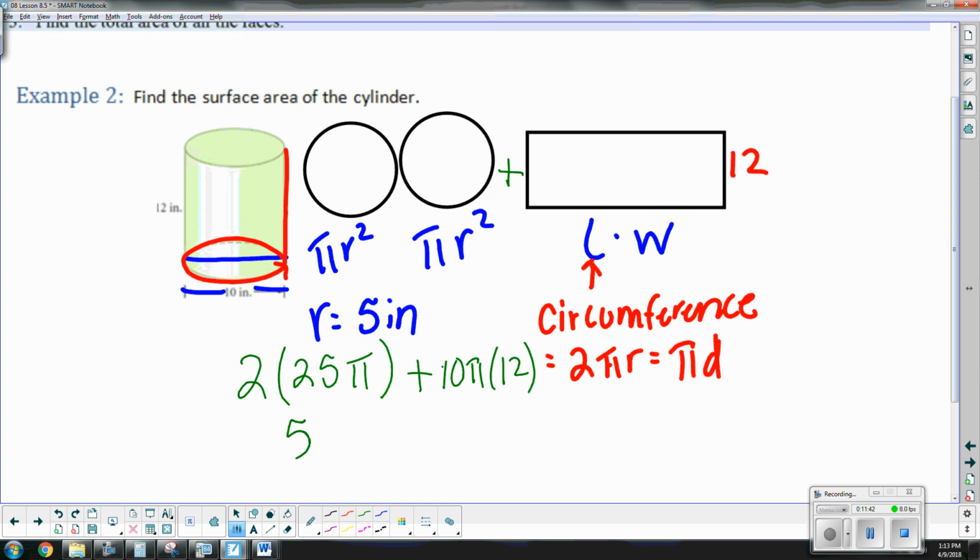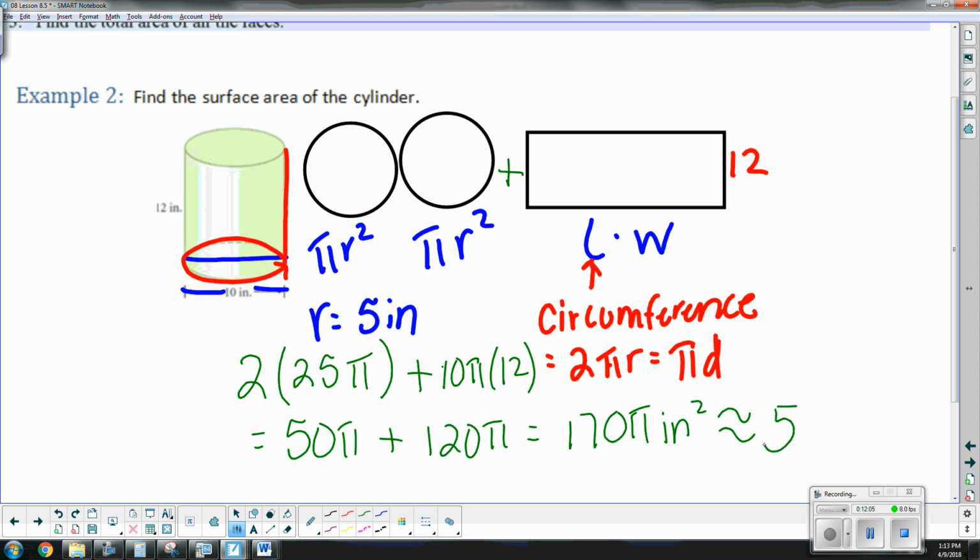So in this case, we have 50 pi plus 120 pi, which is equal to 170 pi inches squared. And you can calculate that out if you want. It calculates out to approximately 533.8 inches squared.